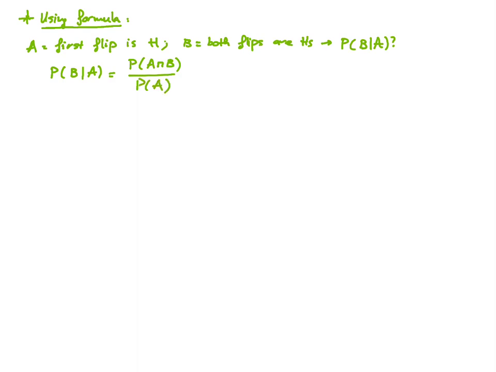Remember that whatever we are conditioning on, we want to divide by the probability of that. So we're conditioning on A, we divide by the probability of A. So to do this problem, it boils down to finding these two probabilities.